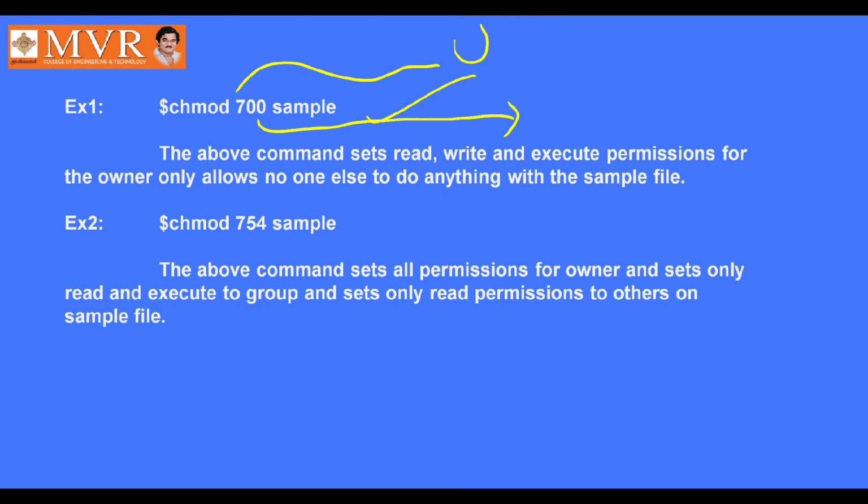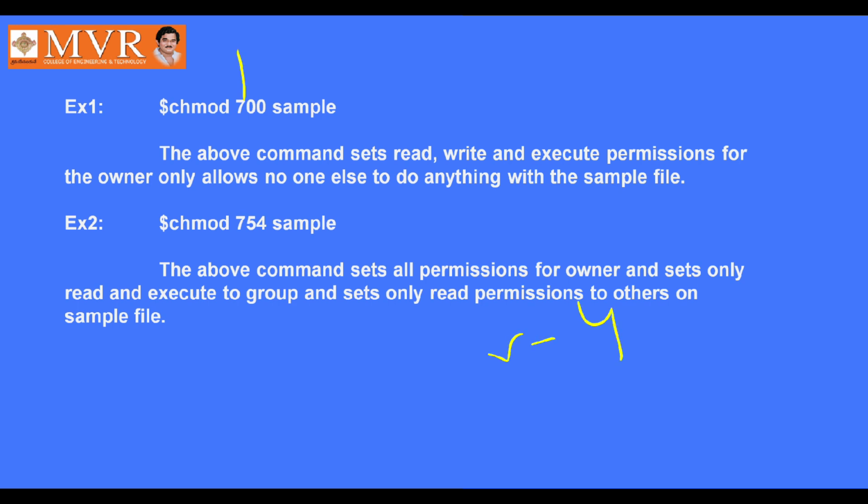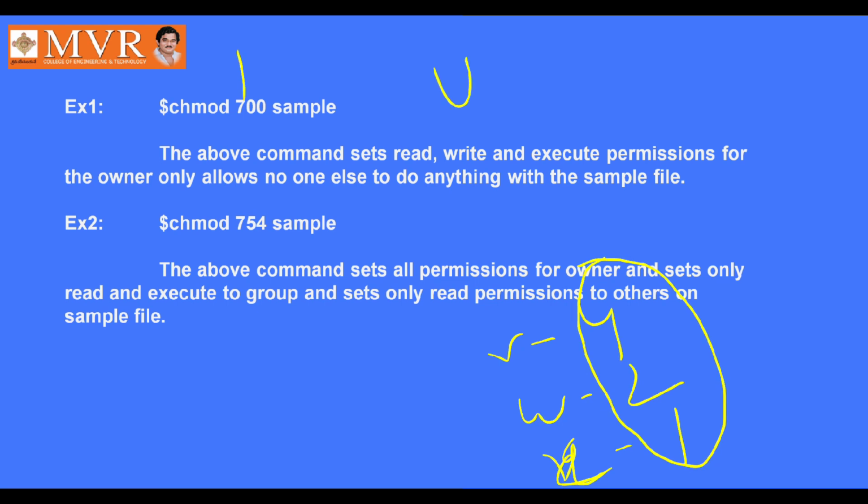Okay, so now here we are using chmod 700. So what does the 7 represent here? As I said, for read it is 4, for write it is 2, for execute it is 1. Execute is represented by x. So 7 is nothing but the combination of all three. So the first digit 7 means the user has all the permissions: read, write and execute.